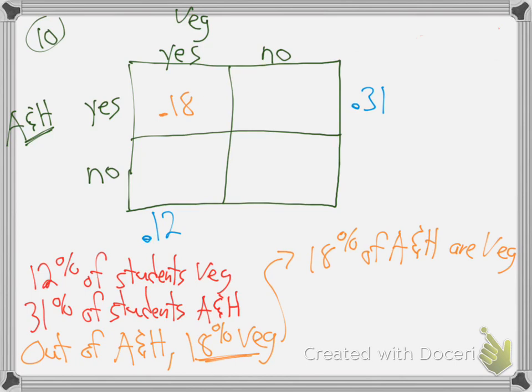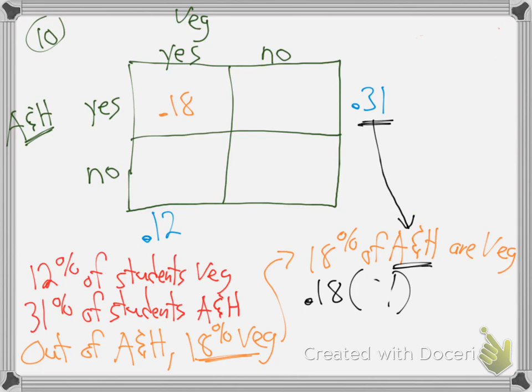So why I say it that way, let's do the math on that. 18% is 0.18, that you know. What is "of" always in math? Times. "Of" is times. Arts and humanities. Well, how many arts and humanities people are there? Or what percentage? 0.31.